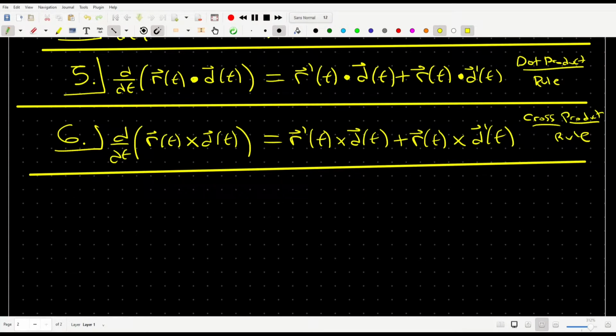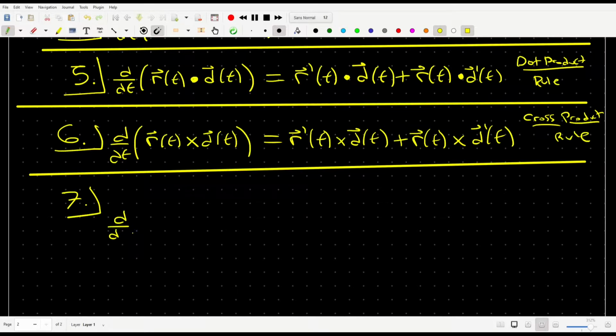The last one that's going to be really important for us a little bit later on is the idea of the chain rule. And this is the scalar chain rule, it's sometimes called.